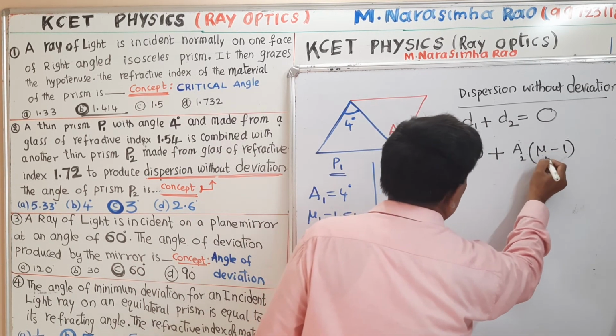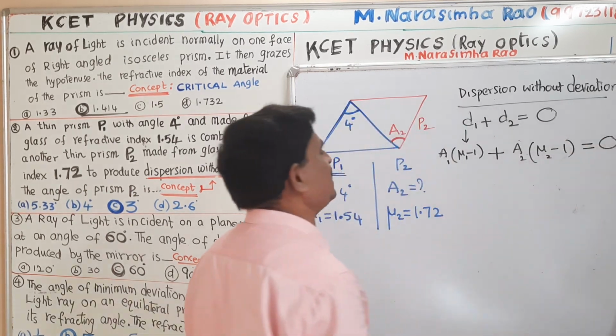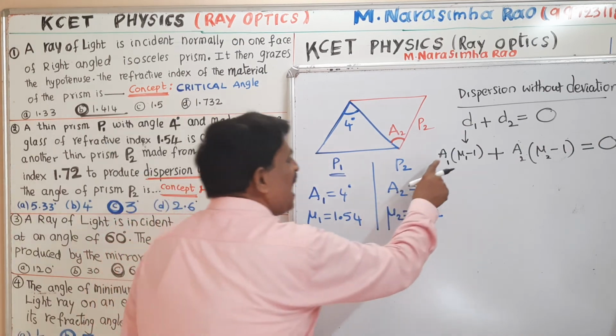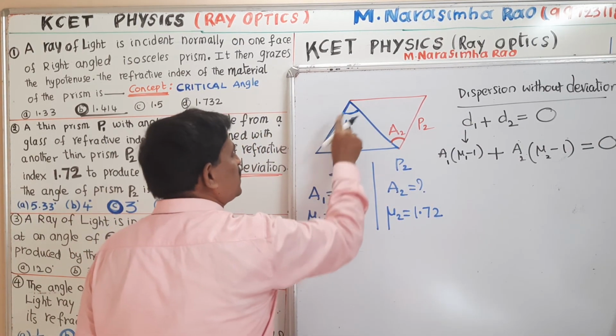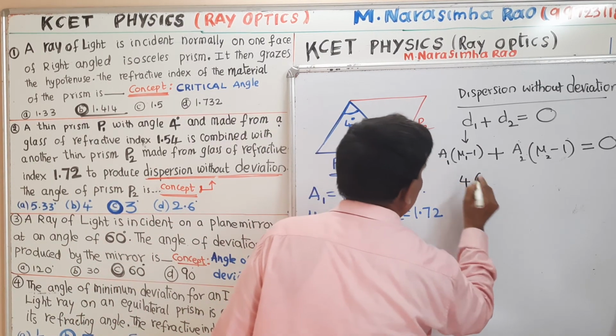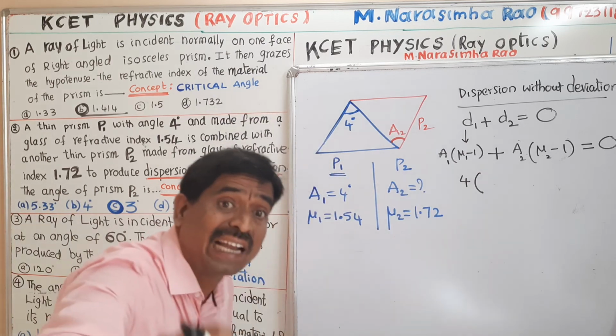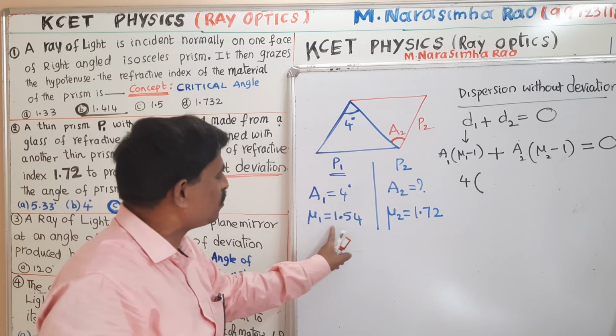Without deviation means total deviation is 0. A1, the angle of the first prism, is 4 degrees. Mu1, the refractive index of the material of the first prism, is 1.54.